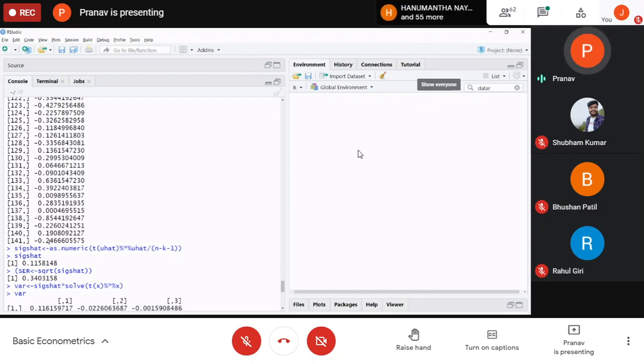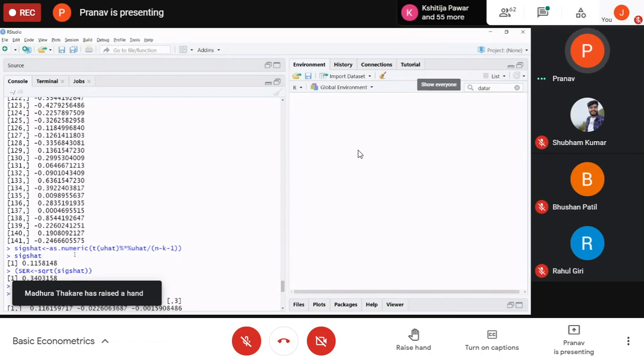RSS is summation of ui square, and that can be easily obtained by pre-multiplying U hat with its transpose. So if you see, I have done the same thing over here. I have got the transpose of U hat, that is U transpose, multiplied by U hat. So this numerator gives me the RSS divided by degrees of freedom, in this case n minus k minus 1. So this gives me an unbiased estimator of the sigma square.